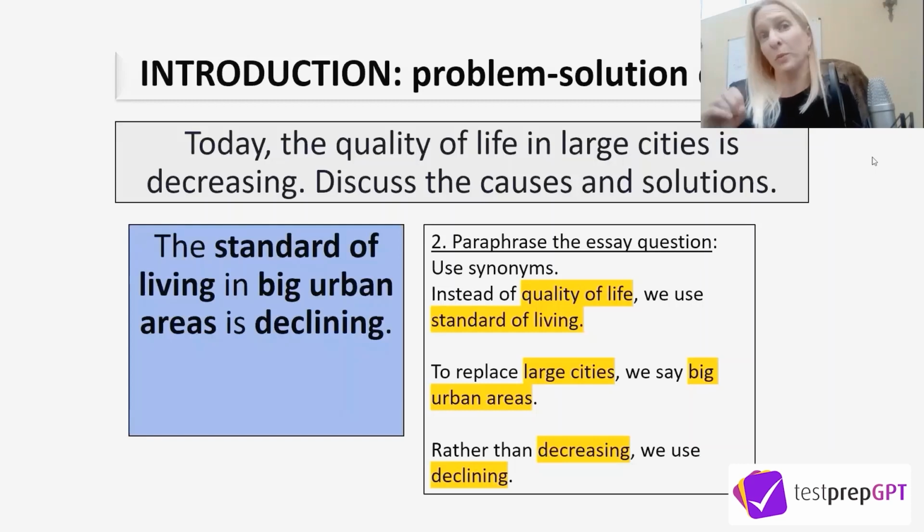So I've just replaced the words in the statement with synonyms, words that mean exactly the same thing. So instead of quality of life, I've written standard of living. Instead of large cities, I've written big urban areas. And instead of decreasing, I've used the word declining.